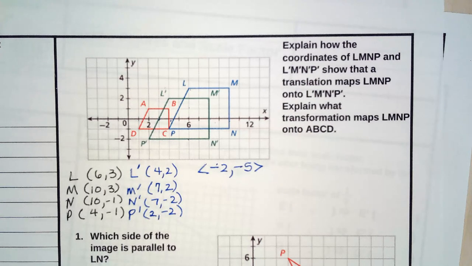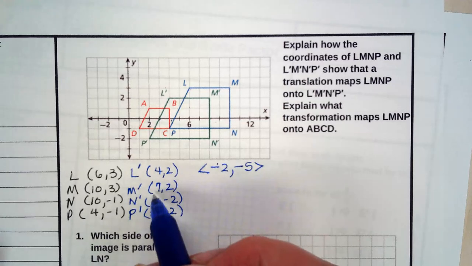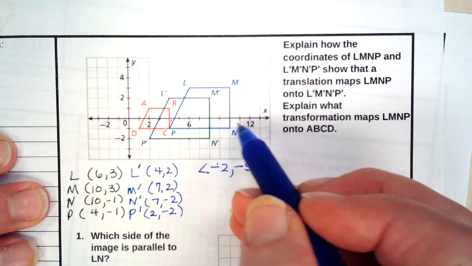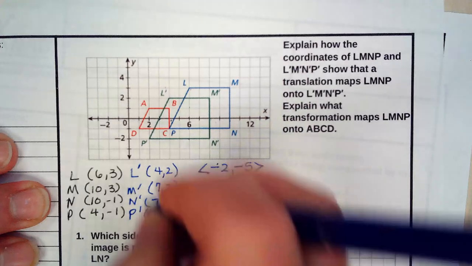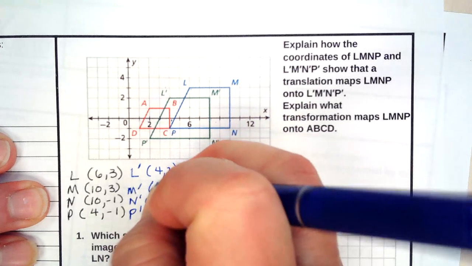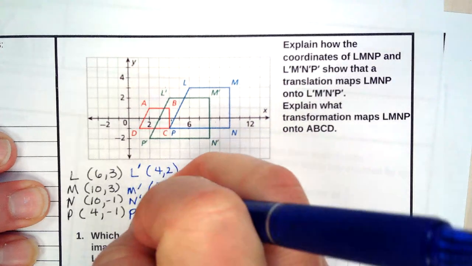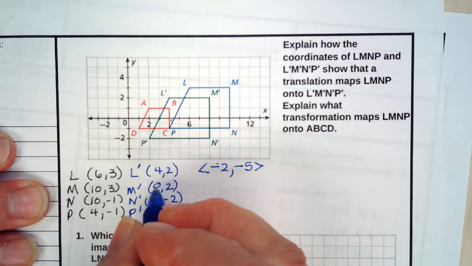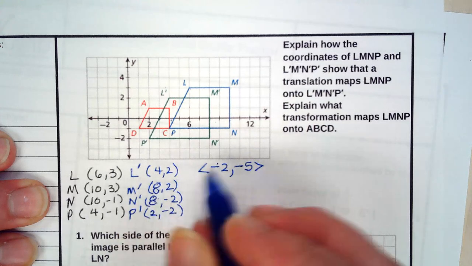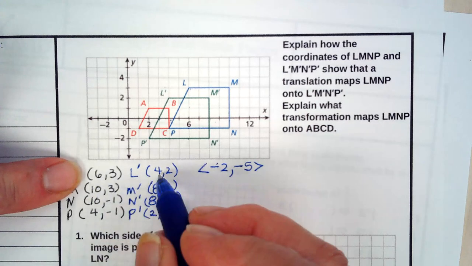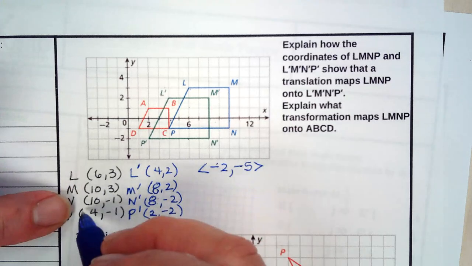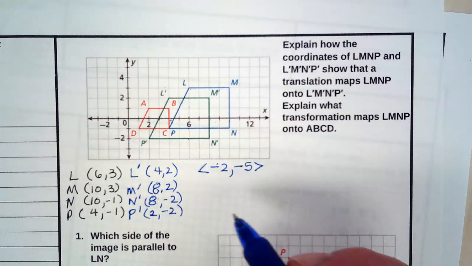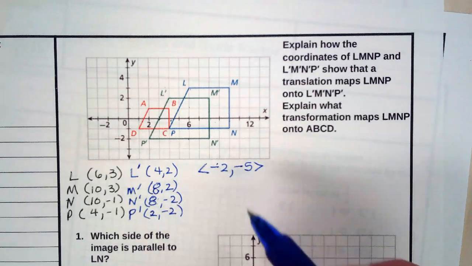Okay, so as you're looking at this, all you have to do is subtract 2. We might be off on our M and N. That should be 8. Now, 6 minus 2 is 4, 10 minus 2 is 8, same again, 4 minus 2 is 4, or 4 minus 2 is 2.